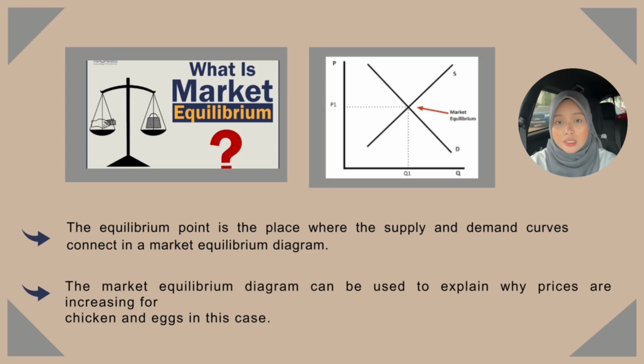The restricted space available for poultry production and the increasing cost of producing it have constrained the supply of chicken and eggs. As a result, the supply has not kept up with demand, pushing up the cost.